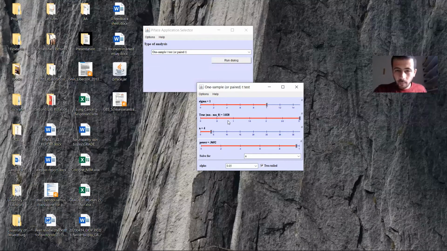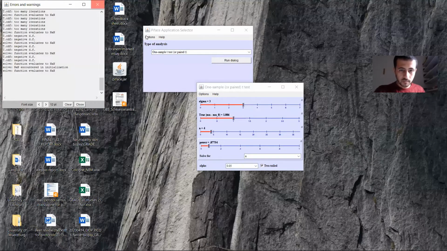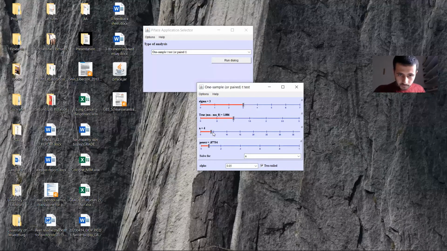So we will change it. We will put the difference to be 1 and the standard deviation to be 3, and you will see the difference. Okay, I have a 7% power. I will increase my power. I will increase the number.